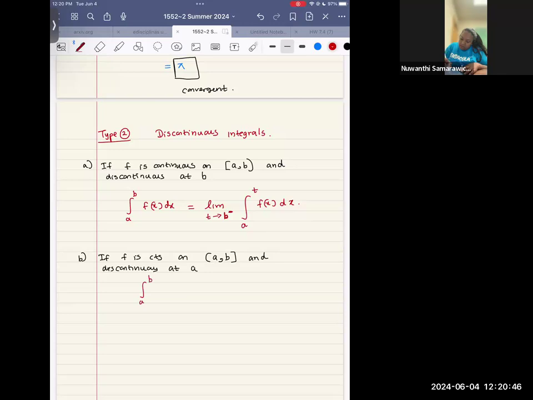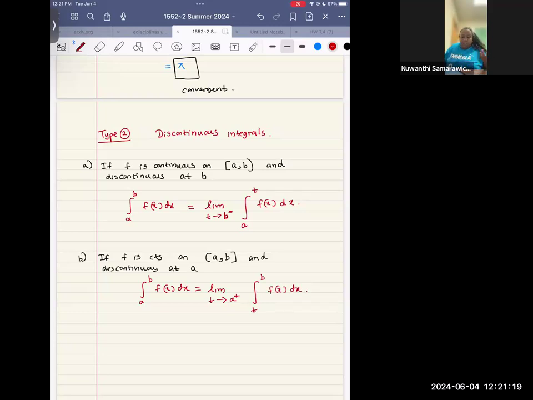So the integral from a to b of f(x) dx is now the limit where t approaches a from the right hand side of the integral from t to b of f(x) dx.